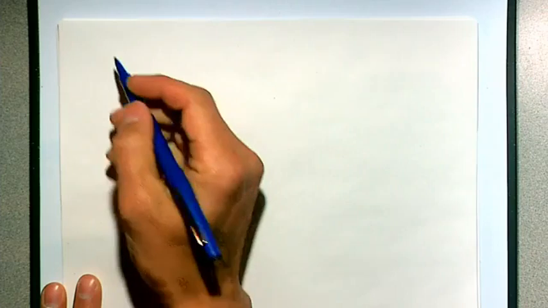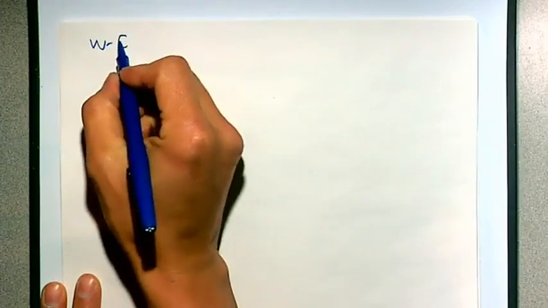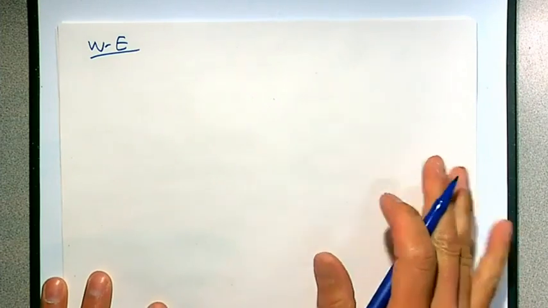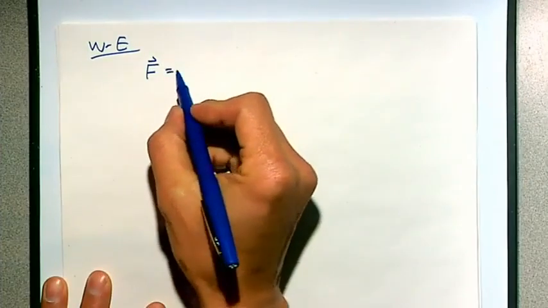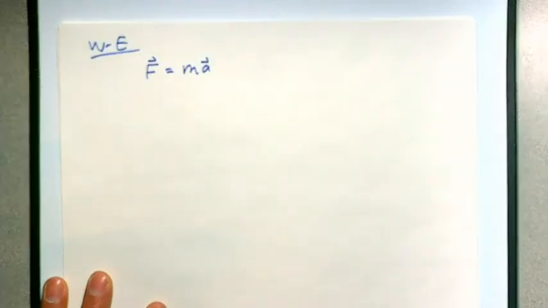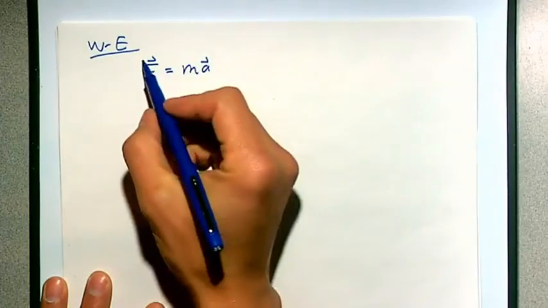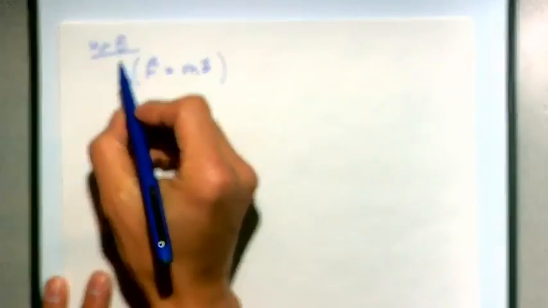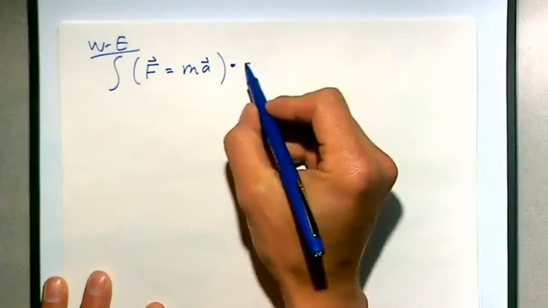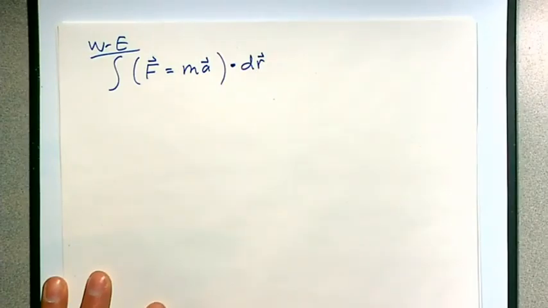Work energy. So what do we do with work energy before? We said we had Newton's second law, F equals ma. We took this whole thing and we integrated it over the distance.